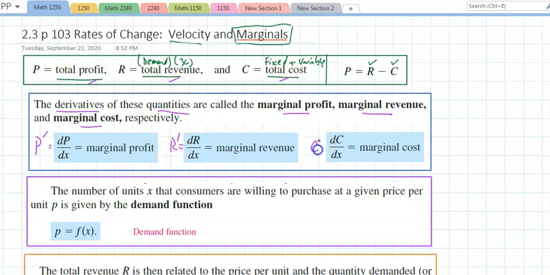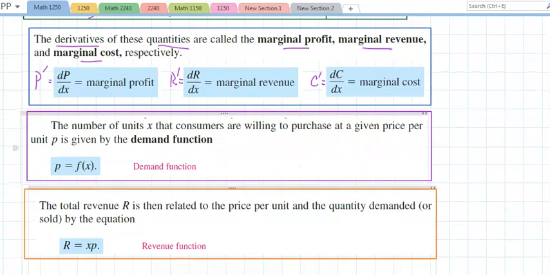And if I take C prime, which is the rate of change instantaneous at a given point. So marginal cost, marginal profit, marginal revenue is at that moment how much is it varying with respect to the number of units you're selling. So the number of units X, that's how it's going to be in this book, that consumers are willing to purchase at a given price, P, is given by a demand function.